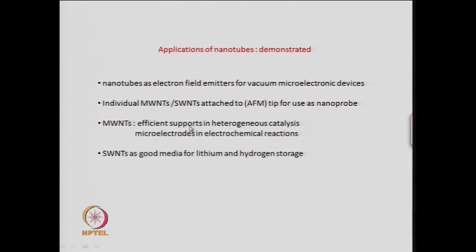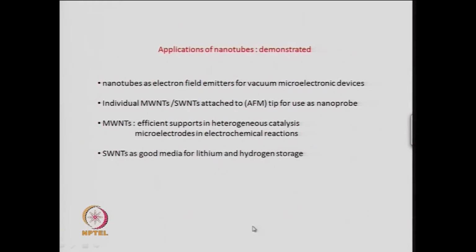Then multi-walled carbon nanotubes are efficient supports in heterogeneous catalysis. They can be functionalized and then used for other purposes. They have been used as microelectrodes in electrochemical reactions, especially in sensing, in biosensing. Then as we mentioned, single walled nanotubes is a very good medium for lithium and hydrogen storage.